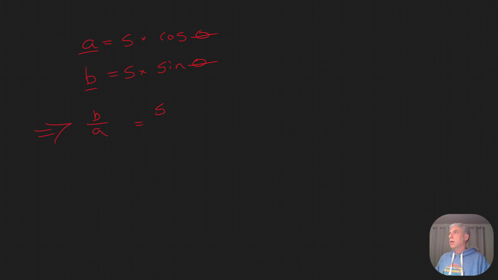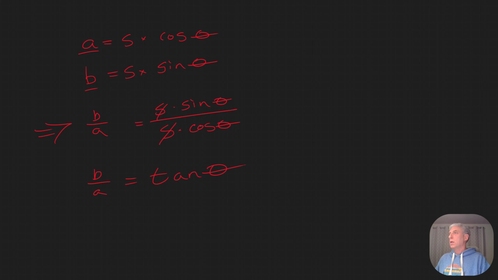gives us S sine theta over S cos theta. The S's cancel out, and we end up with B over A, which again are just numbers. We have those numbers, and that is equal to tan theta.